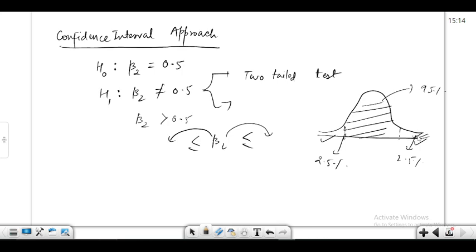In the confidence interval approach, we create an interval where we believe that our true population parameter value might lie.